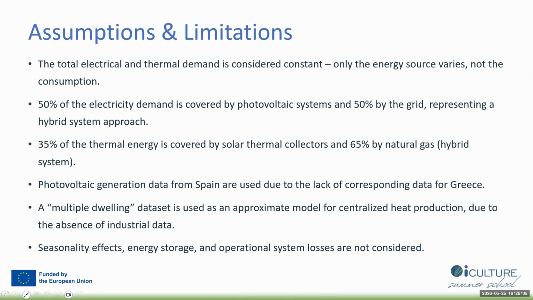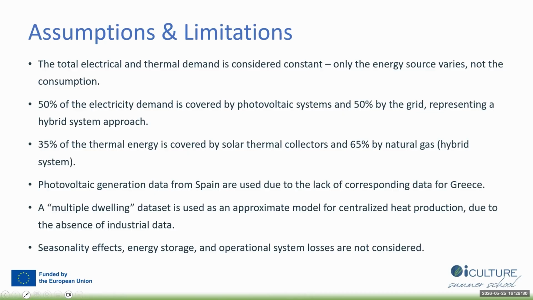Now, before we analyze the results of these optimizations, we must establish the boundary conditions and assumptions of our model. In any LCA, transparency regarding data constraints is vital for a correct interpretation of the results. First, regarding system demand, we have treated the total electrical and thermal demand as a constant.